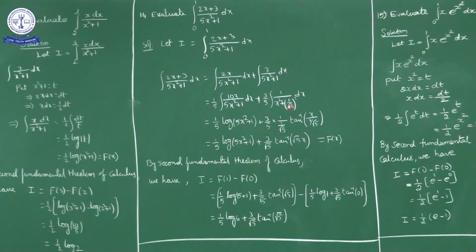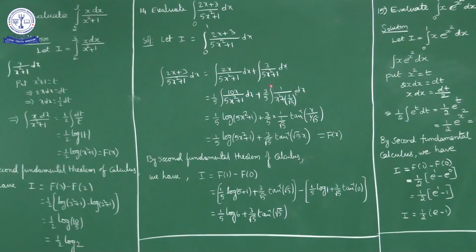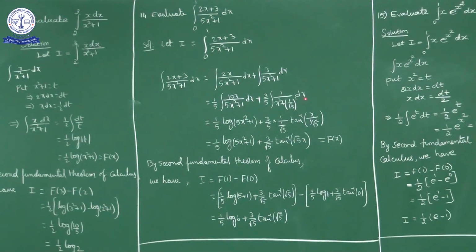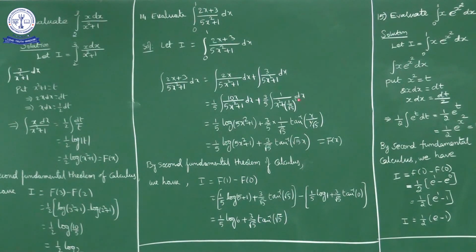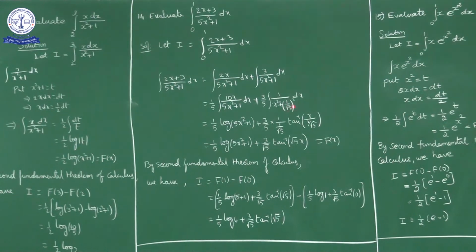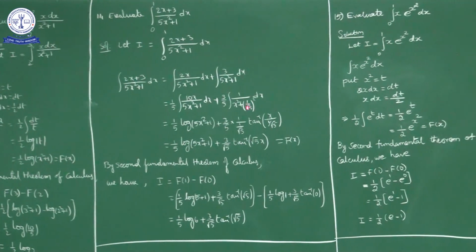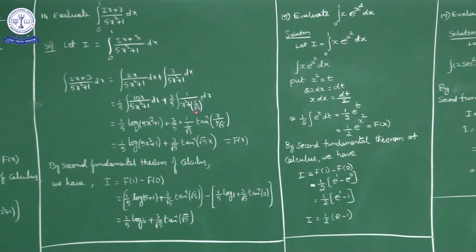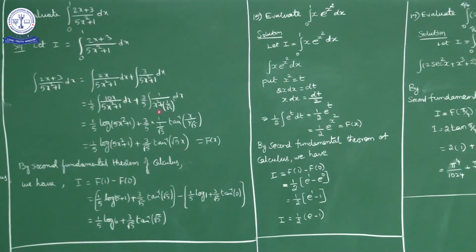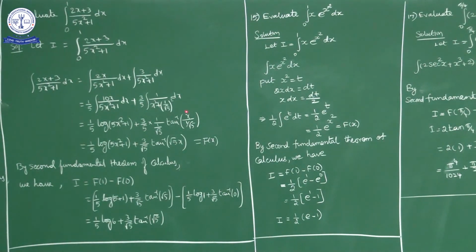Now if you observe this part, it is of the form integral 1 by x square plus a square dx. Now in place of a what we have is 1 by root 5. Integral 1 by x square plus a square is 1 by a tan inverse x by a. So 1 by a is 1 by root 5, 1 by root 5 into tan inverse of x by 1 by root 5. Okay.